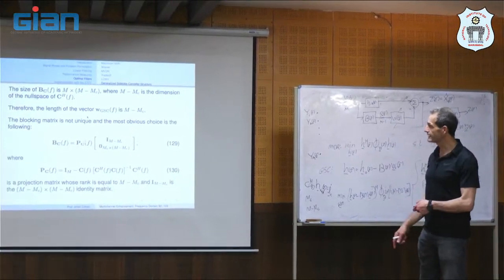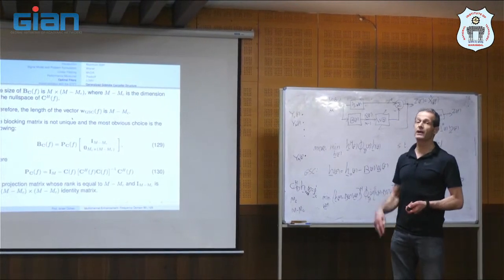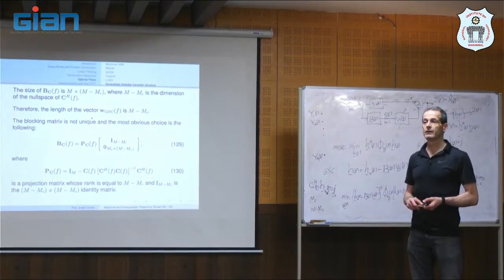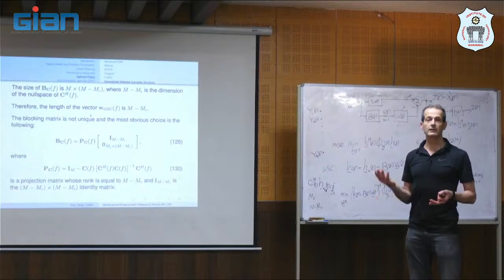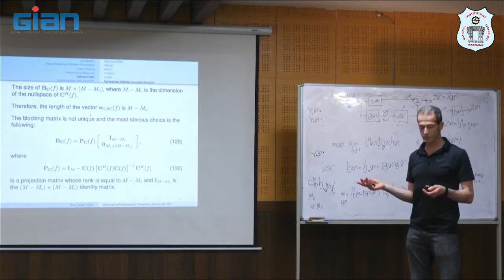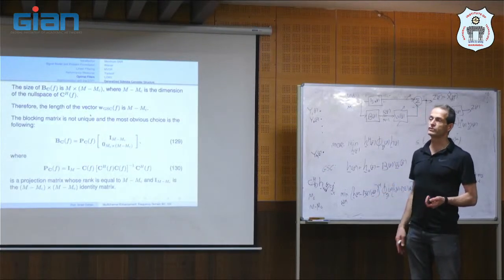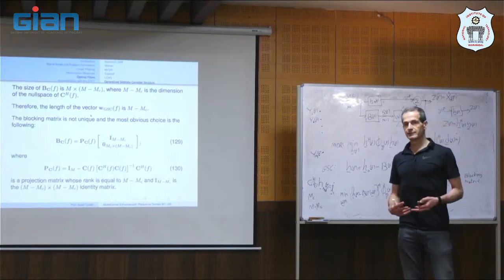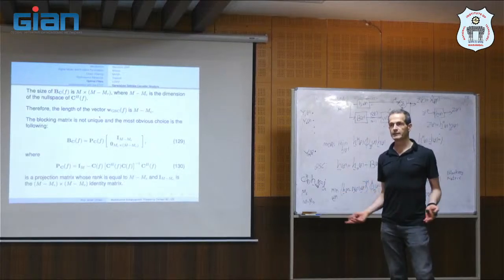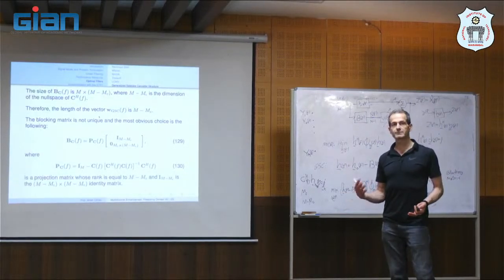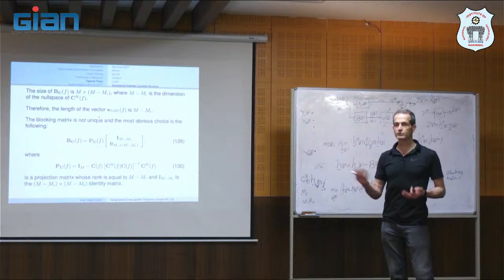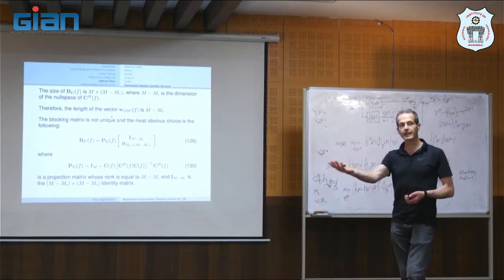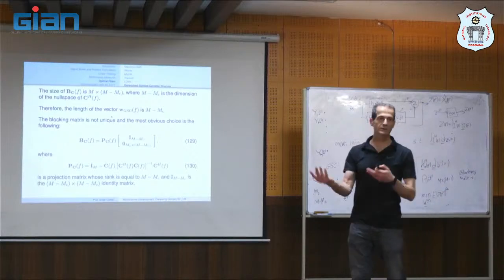By the way, it's not the only solution. There are other solutions, and there are some works about finding a better way. It's just like basis functions. When you span a space, you can span it using different types of basis functions, for example, time domain, frequency domain, time frequency domain, and so on.